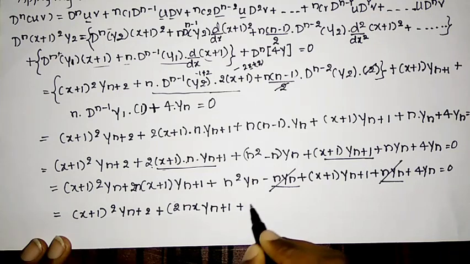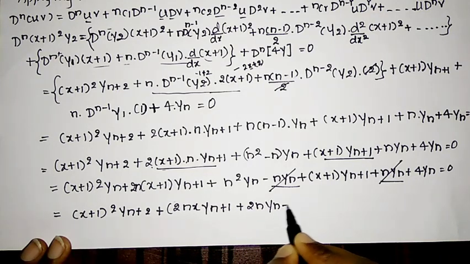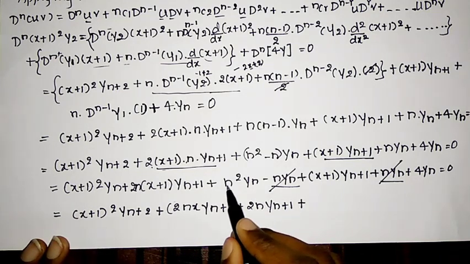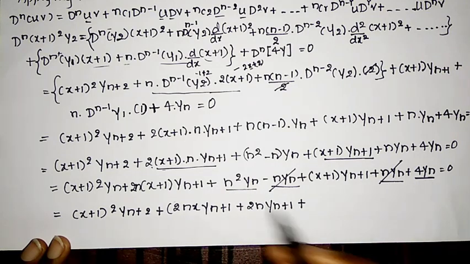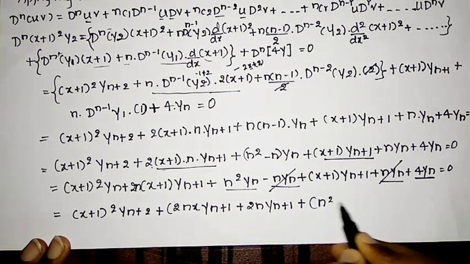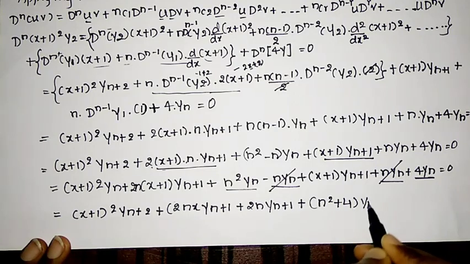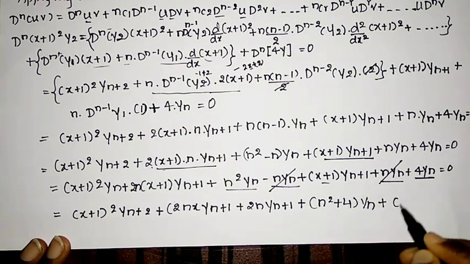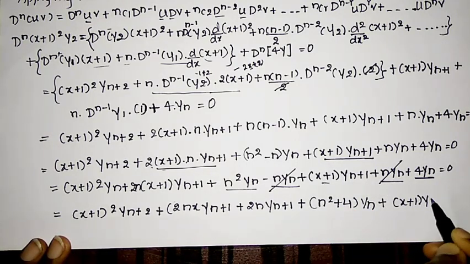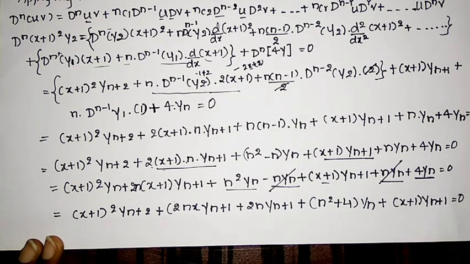Then again we have plus 2 into n into yn plus 1 plus n square yn plus 4yn. So we can write it as n square plus 4 into yn plus x plus 1 yn plus 1 is equal to 0.